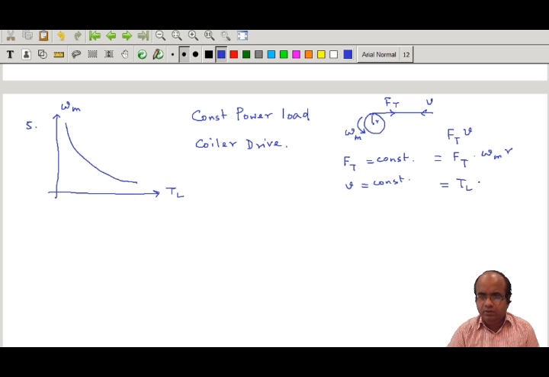That is, the load torque multiplied by omega m is constant. So nearly constant speed, constant power will be achieved. The nature is hyperbolic. This is all about the nature and classification of the load torques. They have to be applied during the latter stage when motor drive dynamics will be studied.